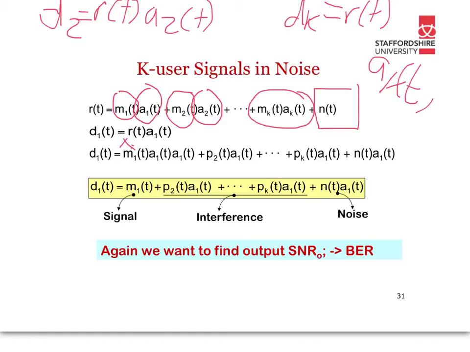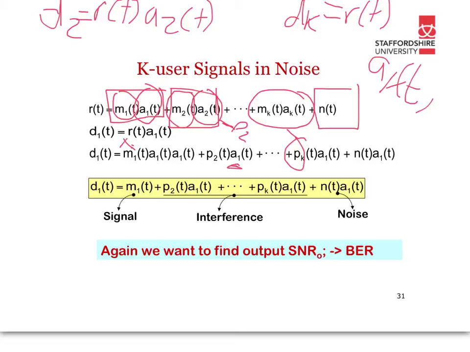Because R is this times A1, every single term here, so it's also P2 times A1, where P2 is the power of this, and PK A1, because we've only got A1 at the receiver, so we're not despreading message 2 because we don't have code 2.